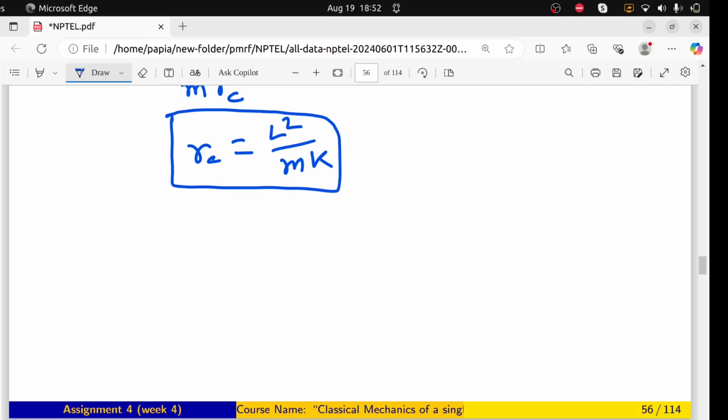Now coming to RP. For the parabola, we have e equals to 1.